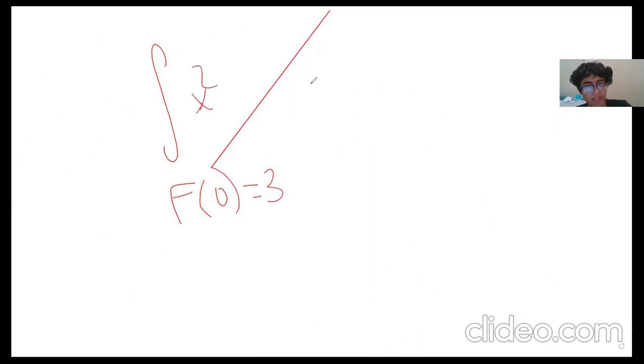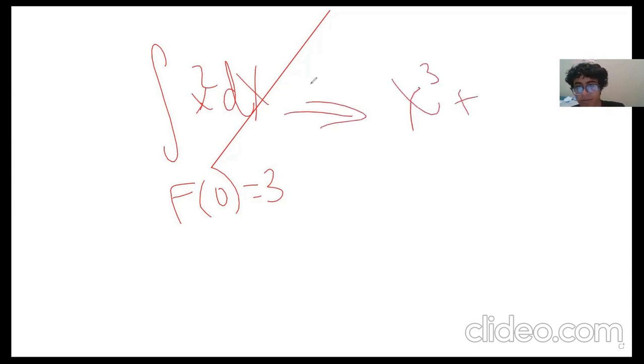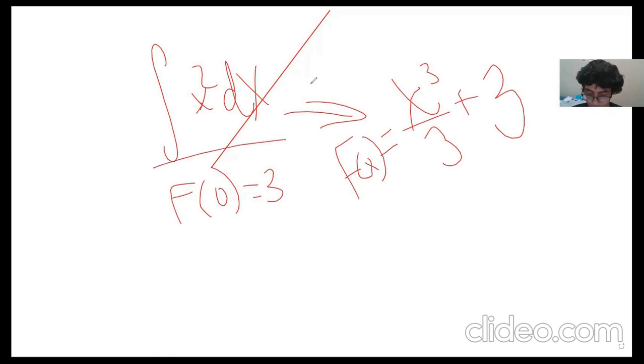This is x squared, an indefinite integral with no bounds. And we figured out that capital F of x, the antiderivative of this integrand x squared, is x cubed over 3 plus 3, because we know the initial value, okay?